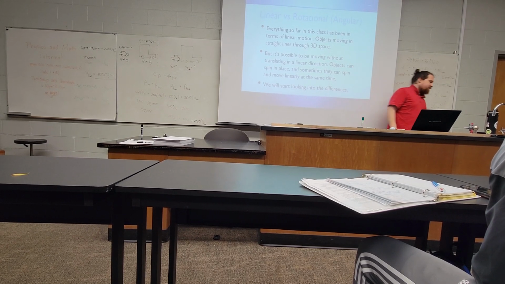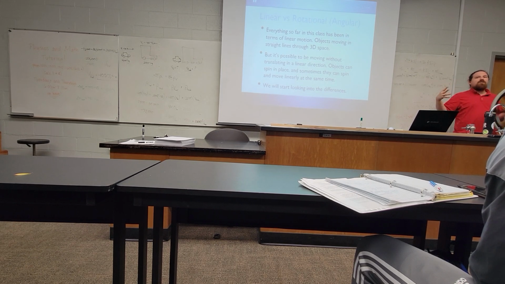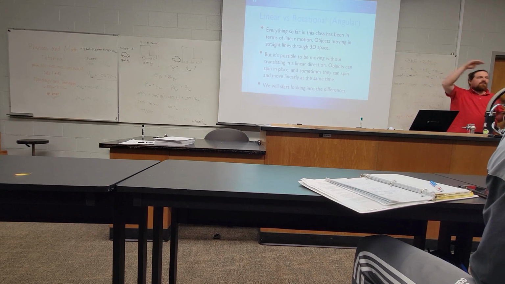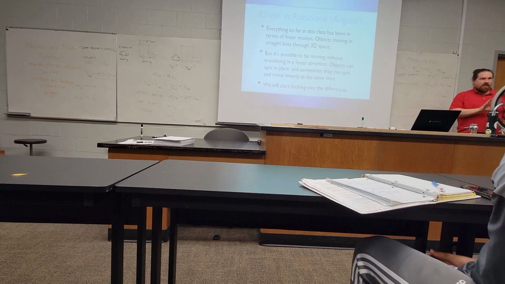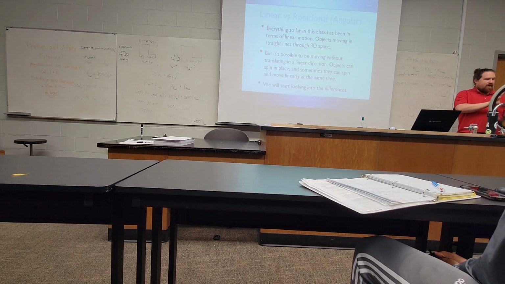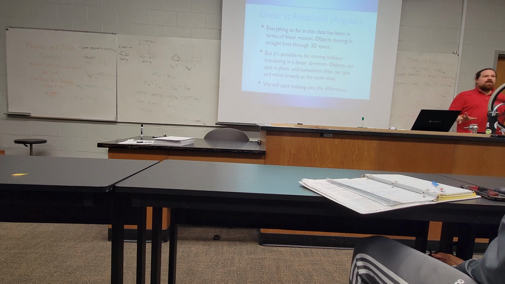Because if I take this wheel and spin it again, linear motion, if I ask you how much does something move linearly, you can measure meters in a straight line. Angularly though, rotationally, no. If I ask you how much is this thing moving, you can't tell me a number of meters it's moving because I'm technically holding it still.